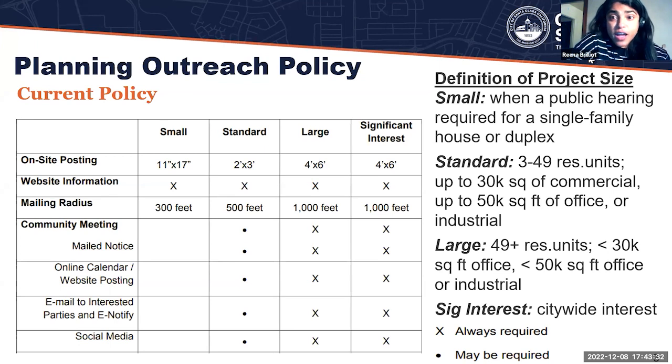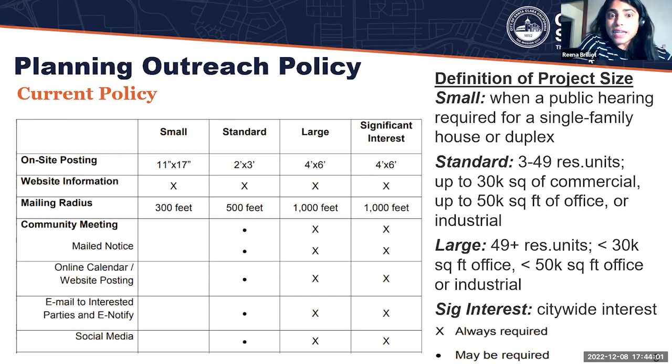Standard is when you've got 3 to 49 residential units, or an application that includes up to 30,000 square feet of commercial development or up to 50,000 square feet of office or industrial development. And a large project is when you have more than 49 units, greater than 30,000 square feet of commercial, or greater than 50,000 square feet of office and industrial. I'm sorry, that should say commercial at 30,000 square feet.